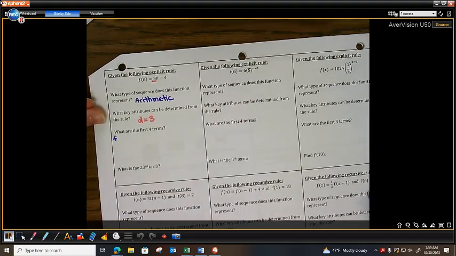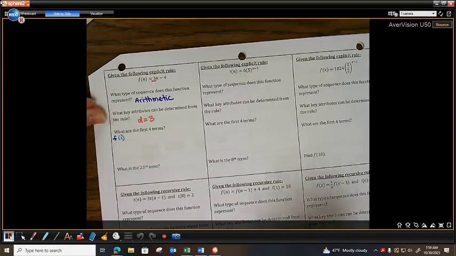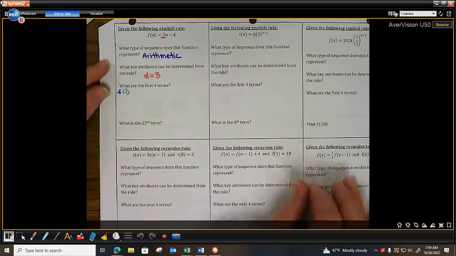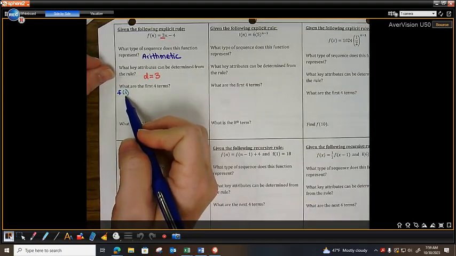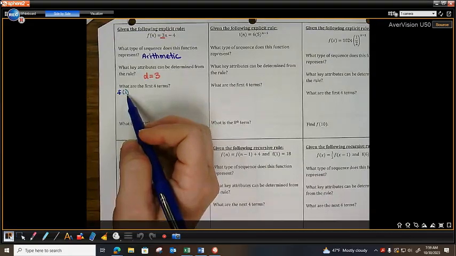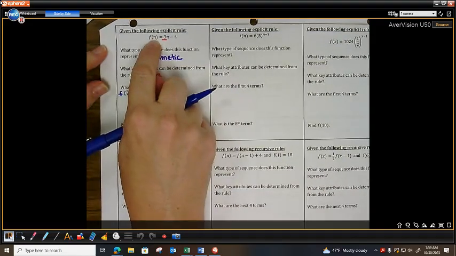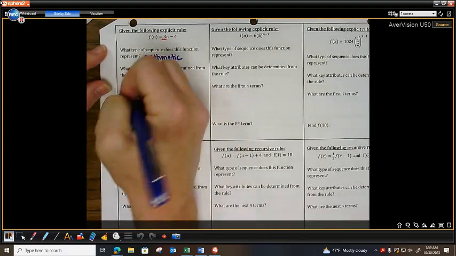f of 1. In order to find f of 1, what am I going to plug into my equation? I want to find f of 1, so I'm going to plug in 1. Okay, because f of n, I replaced n with 1, so on the right side, also replace your n with 1.